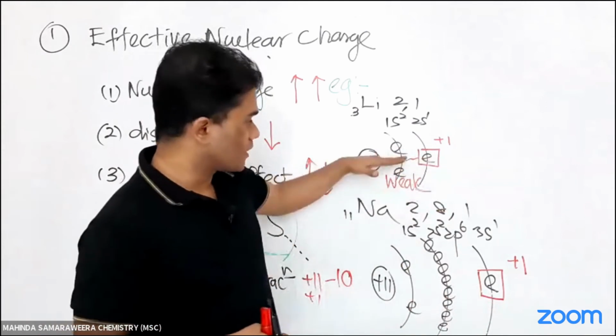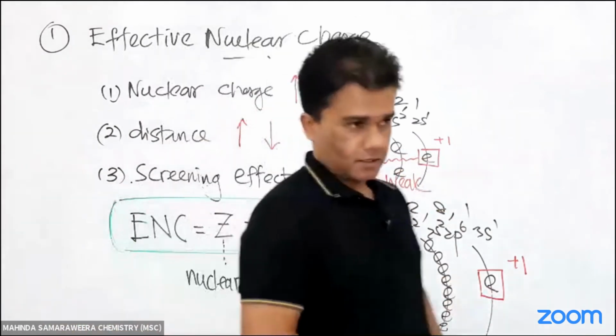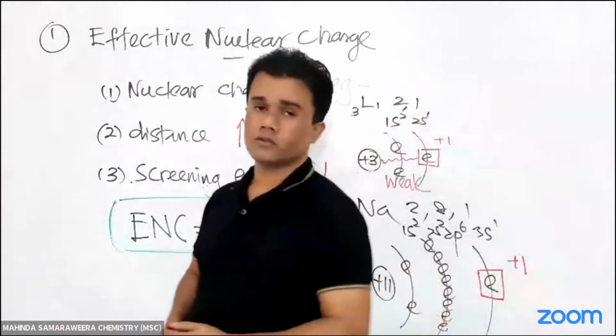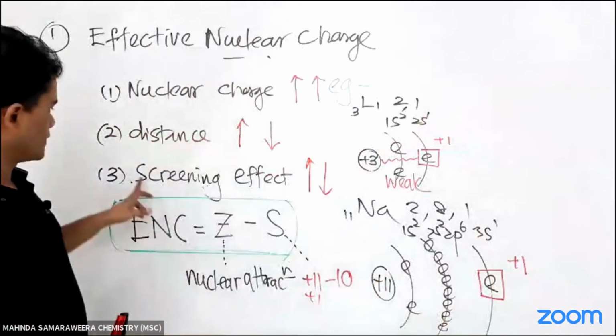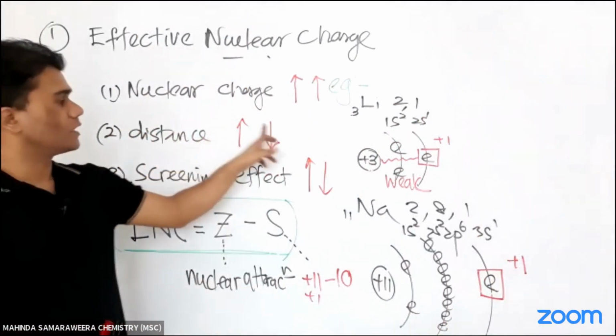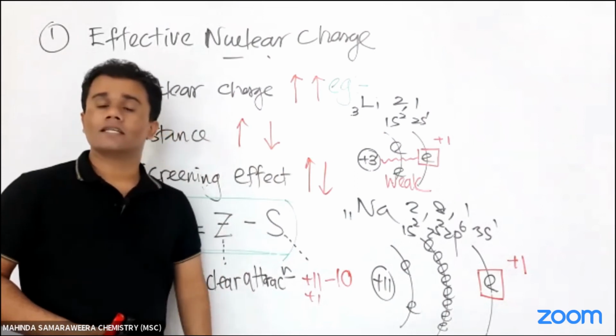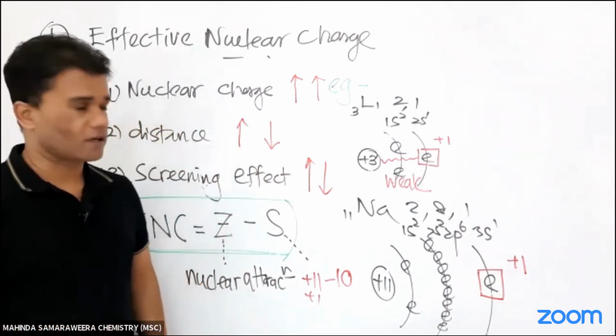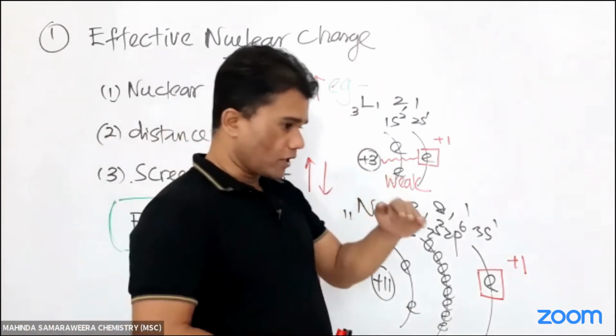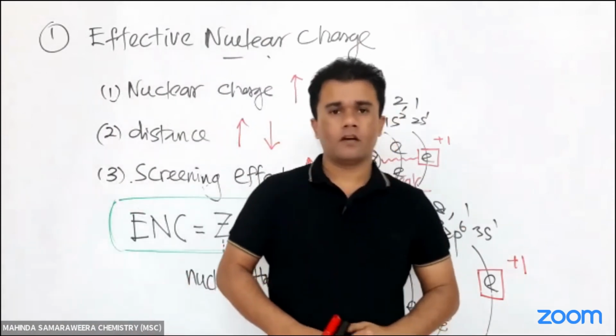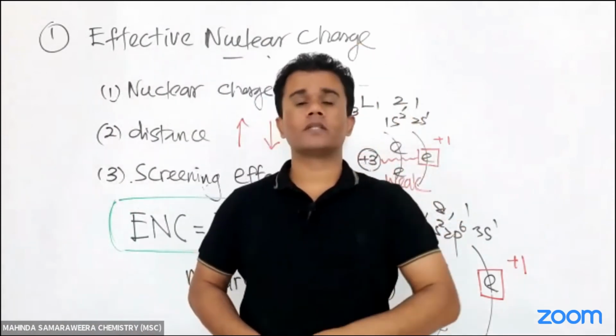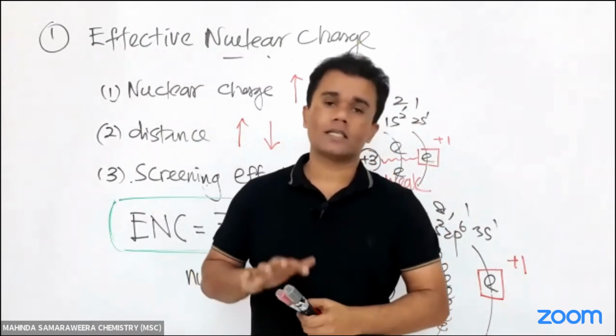When the distance between the nucleus and electron increases, what happens to effective nuclear charge? Distance increases means effective nuclear charge decreases. Remember that. From top to bottom in a group, effective nuclear charge should decrease.